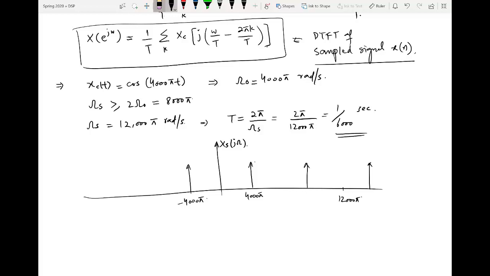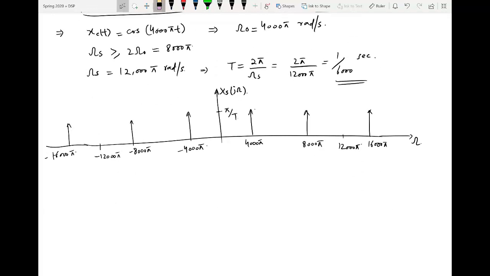So this point will go at 8000 pi, and this will go at 16,000 pi. This is capital omega. And similarly on the other side, if it is minus 12,000 pi, it will go to minus 8,000 pi, and it will go to minus 16,000 pi, with the amplitude being pi over capital T. So this is the step where we haven't divided by capital T.